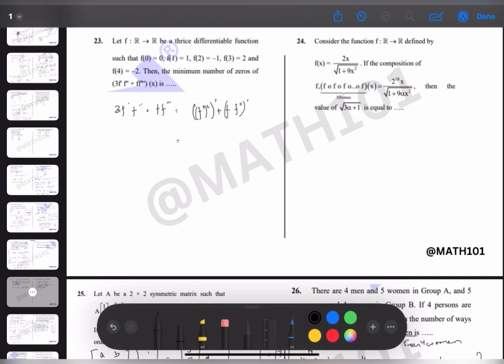So this whole thing becomes f prime squared plus f prime's derivative, which is now this thing itself, the derivative of f prime. So this is the double derivative of f prime.